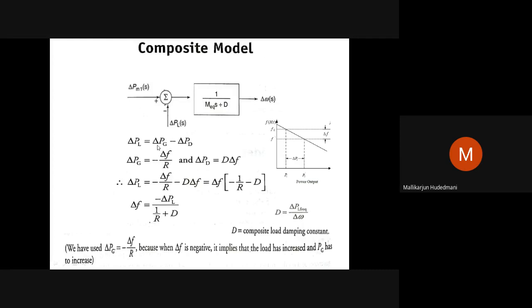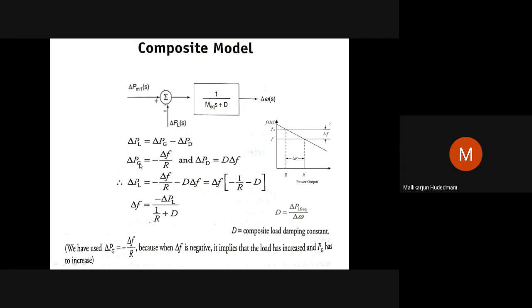Whatever is the small change in power demanded from the area, let it be delta PL, which is equal to delta PG, what the generation is right now, minus the demand, whatever is extra increased. So this is called contingent demand. So delta PL is what is actually the demand, and this difference is delta PL. Then we know that the generator will respond in proportion to its characteristics, which is called delta PG.